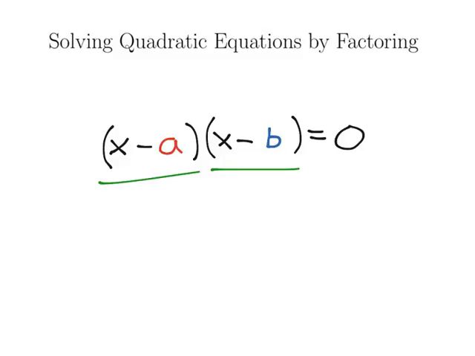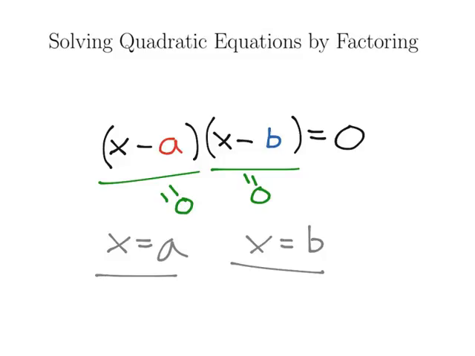So in order for this to be 0, either that has to be 0, or this could be 0. As long as one of these is true, this works. This means x could be A or x could be B. And these are the solutions to this expression.